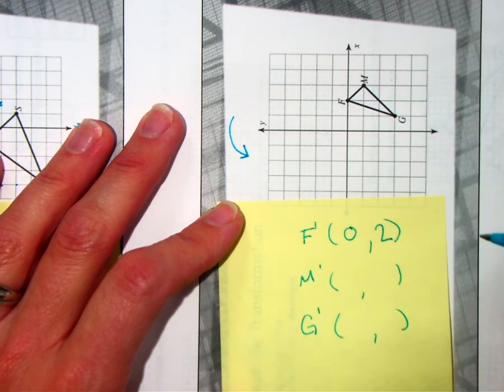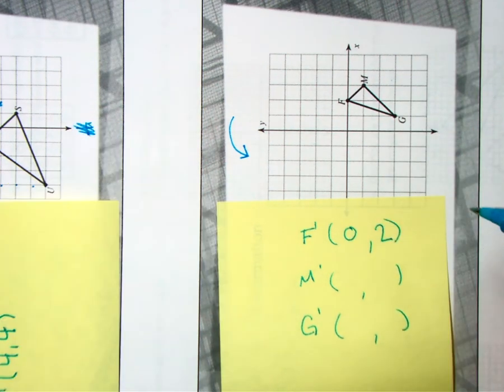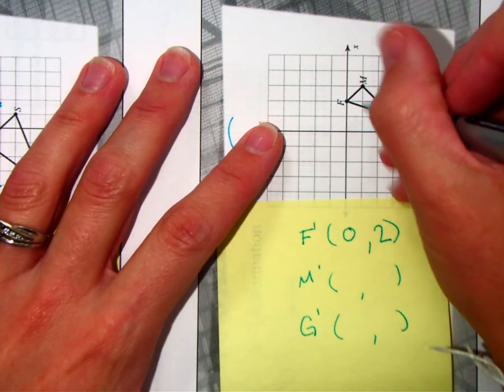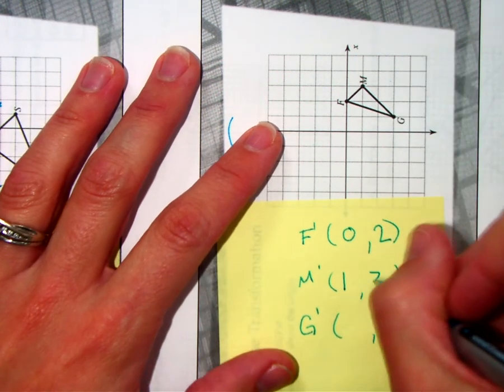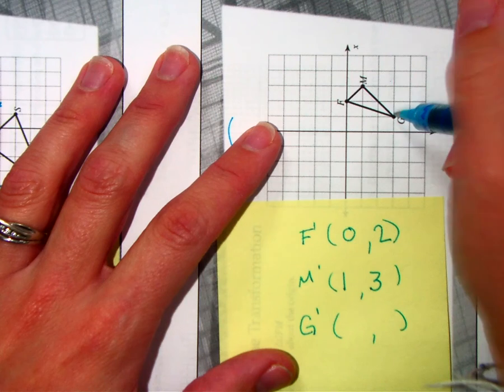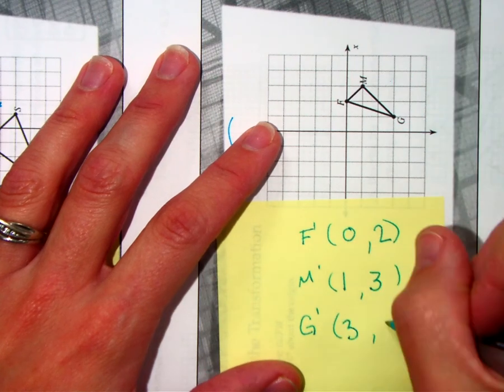This is where it's super important for you to be good at just in general reading points from a graph. Positive 1, positive 3, positive 3, positive 1.